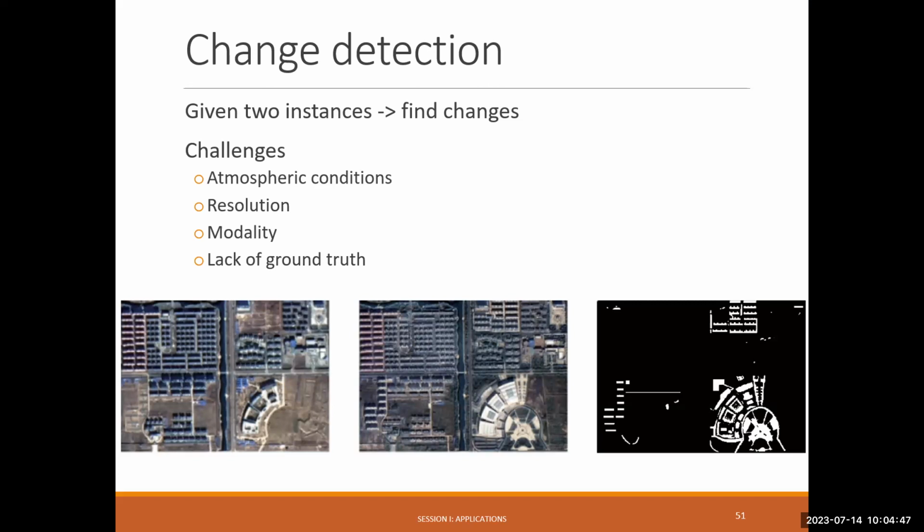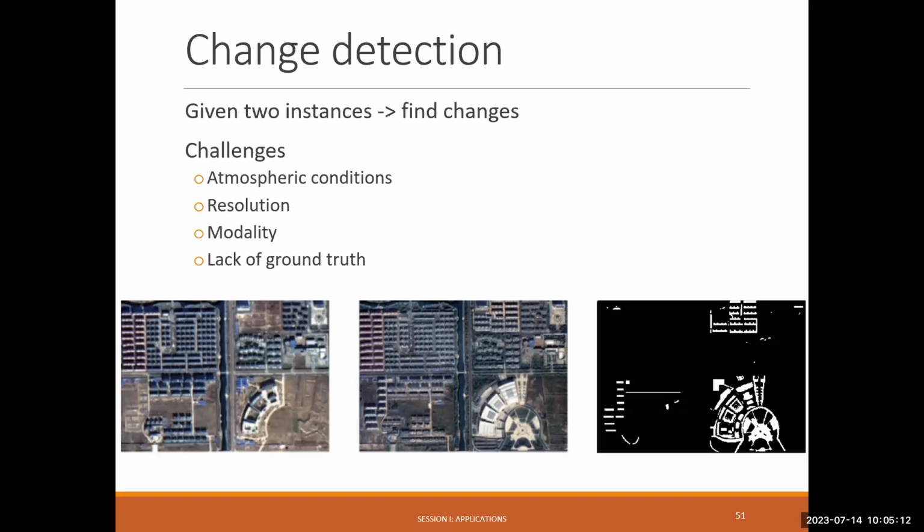The applications are endless, but so are the challenges. You have challenges related to atmospheric conditions, such as hazy or not hazy, sunlight, reflections, and resolution. Maybe the change is too small to be captured by pixels, or my resolution is too low, so the change is smaller than a pixel and it's difficult to see.